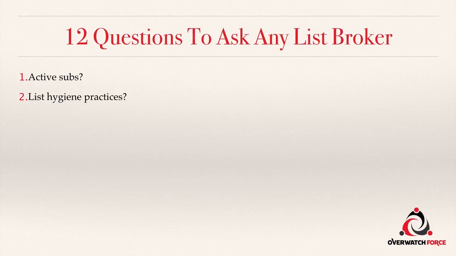And the longer you have that dead weight on your list, the lower your deliverability is. Okay, that's really important. Deliverability is super important because ISPs are watching that. They're watching to see how many people opened your list. Okay, I don't want this to be a whole presentation on list hygiene, but you need to ask them that.